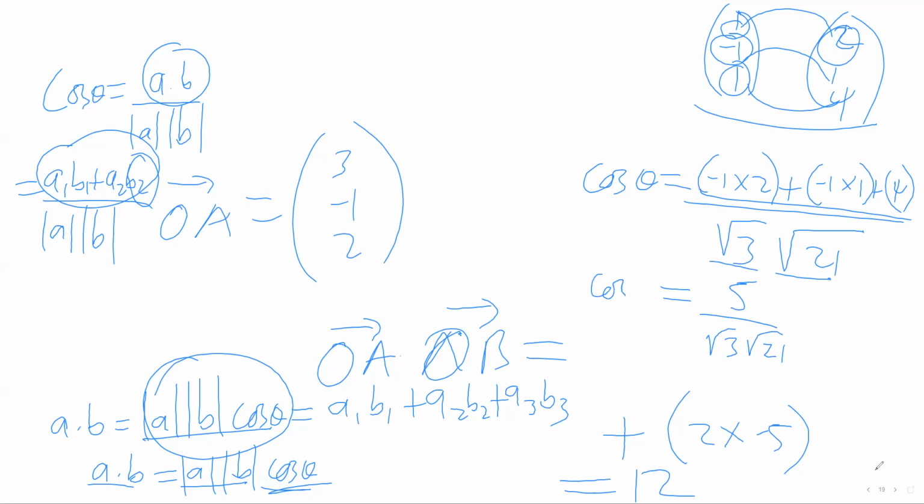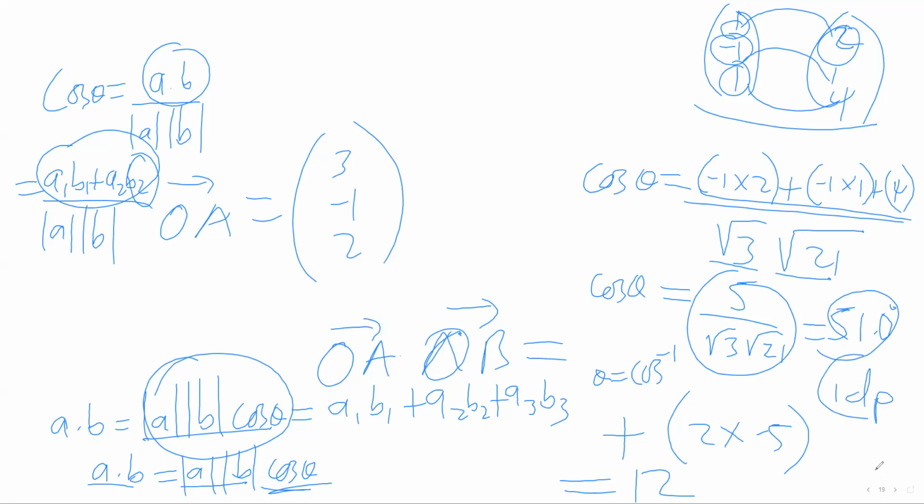So you have cos theta here, meaning theta is going to be cos inverse of this, right? And then you get your final answer as 51.0 degrees, to one decimal place. So that's how we get the angle between the two given vectors.